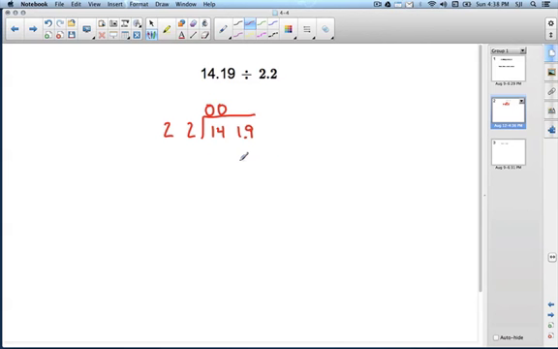So we go 20, 40, 60, 80, 100, 120, 140. Well, 140 is awful close to 141, and we might not have all those extra numbers that we need because it's actually 22. So I'm going to estimate the first time that we should multiply 22 times 6.